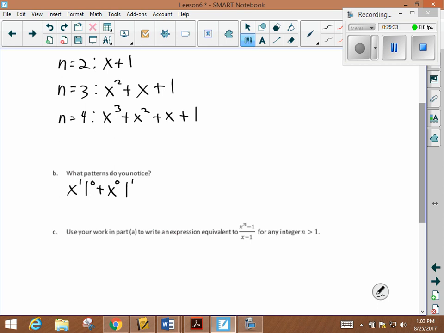Then the next one in our pattern, we wind up with x squared times 1 to the 0 power plus x to the first power times 1 to the first power plus x to the 0 power times 1 to the second power.